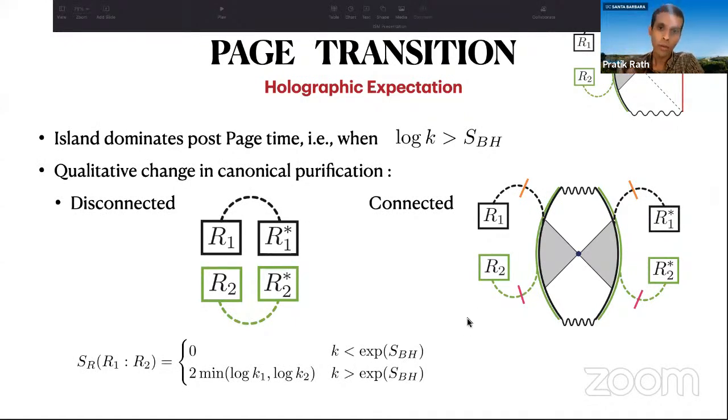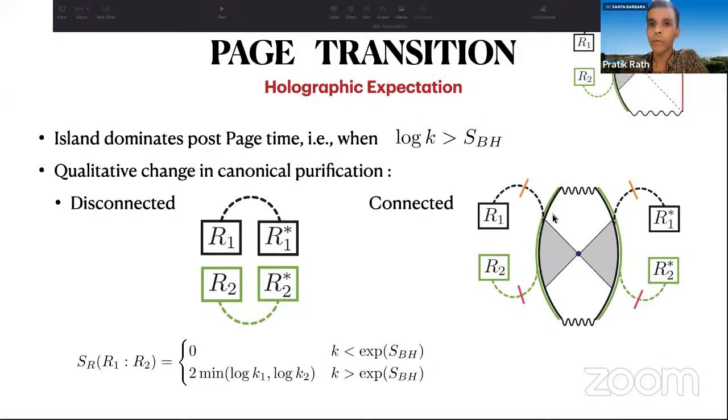However, when we cross the Page time, then now there's an island for R1 and R2. And so when we consider the doubled copy of this entanglement wedge, it includes a closed universe. This closed universe is made of 2 copies of the island that are glued together at the horizon of the black hole. And now, when we compute the entropy between R1 R1 star and R2 R2 star, it's non-trivial.